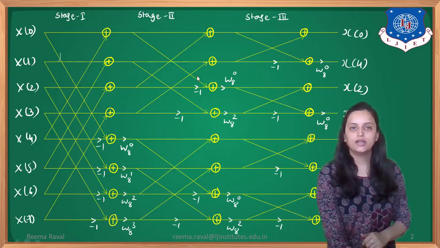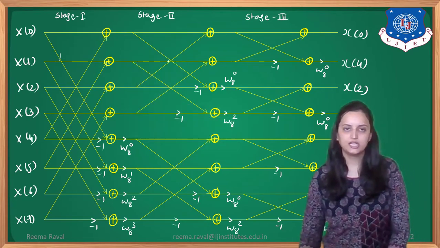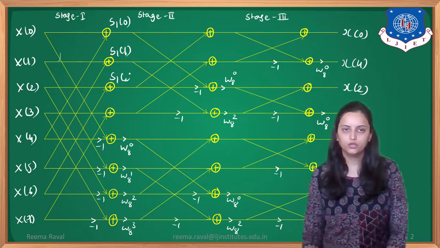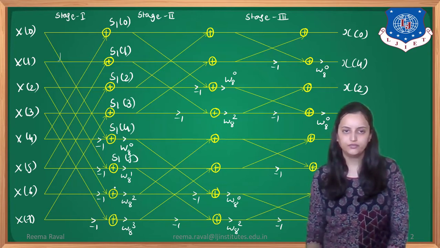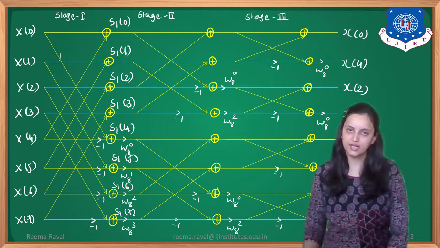Let us write down these values over here. That means output of stage 1, we denote as s1 of 0, s1 of 1, s1 of 2, s1 of 3, s1 of 4, s1 of 5, s1 of 6, s1 of 7. That is 8 points starting from 0 to 7.